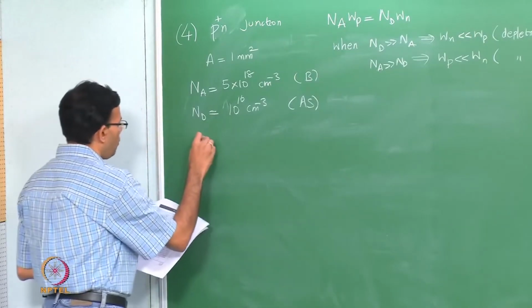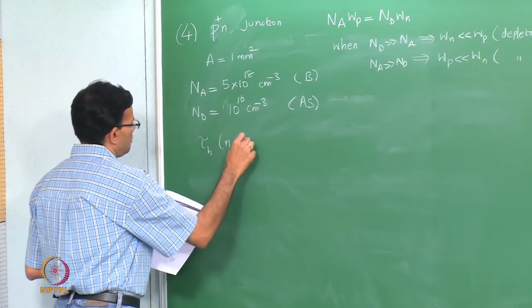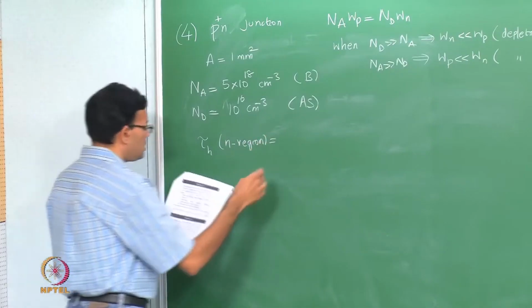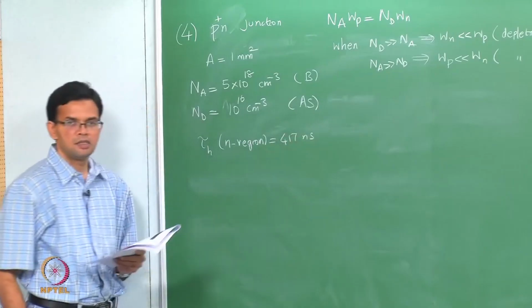So, the lifetime of the hole tau h in the N region, these are your minority carriers, is equal to 417 nanoseconds.